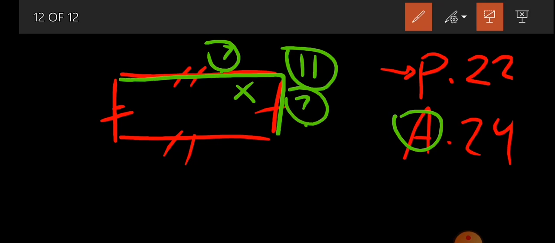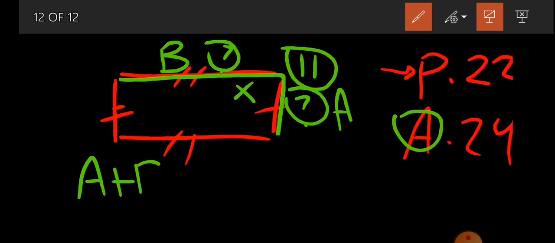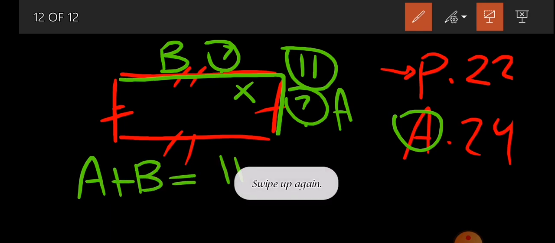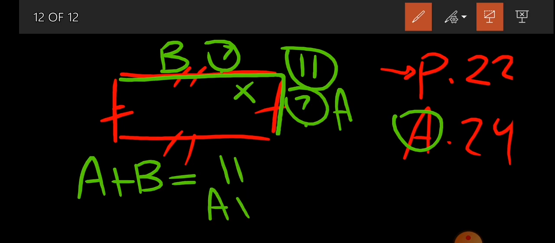So for example, this one I call A, this one I call B. A plus B, we said, is 11. This is from the perimeter. A multiplied by B, from the area, will give me 24. So I want to know A and B. Can you guess the two numbers? If you add them, you get 11. If you multiply them, you get 24.